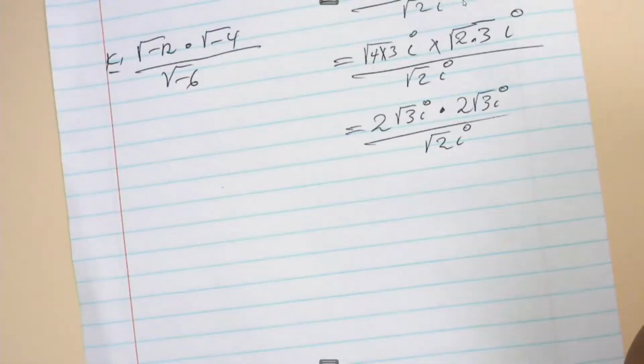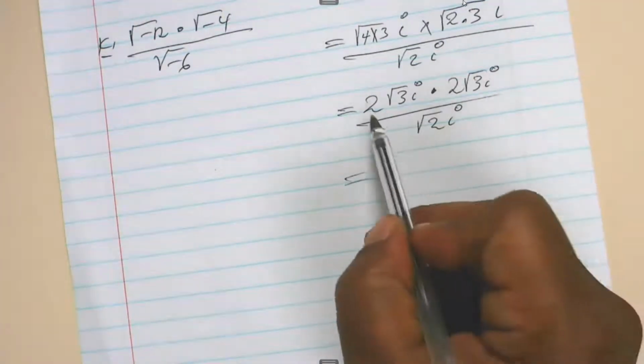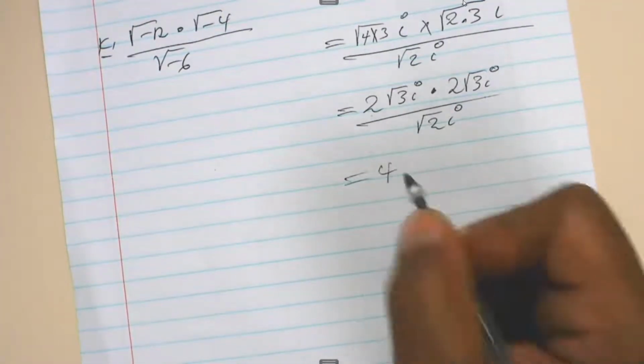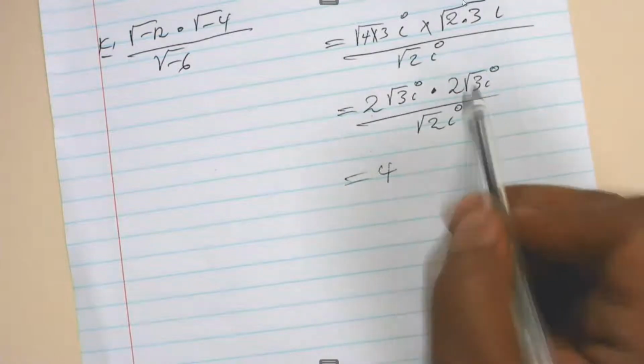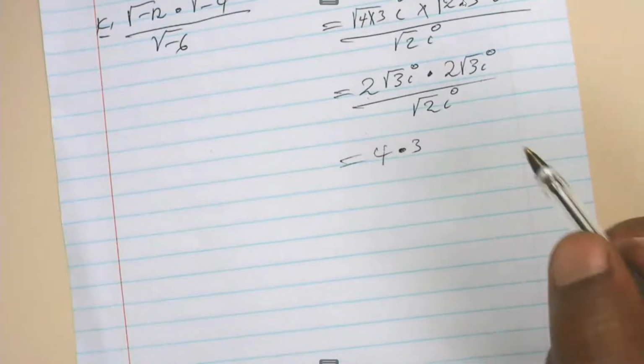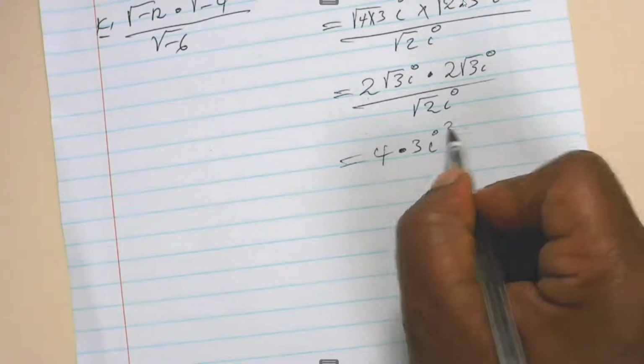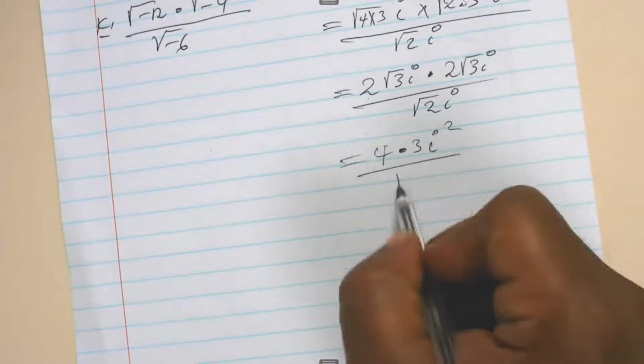Now, it means we can simplify and say 2 multiplied by 2 is 4, and then root 3 multiplied by root 3 is 3. Remember, dot implies multiplication. And then what we have again here will be i squared all over square root of 2i.